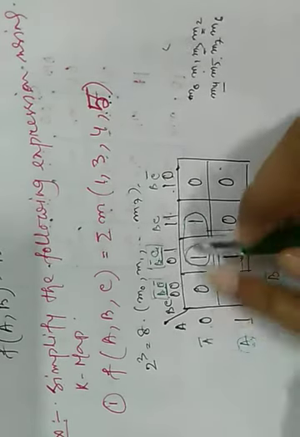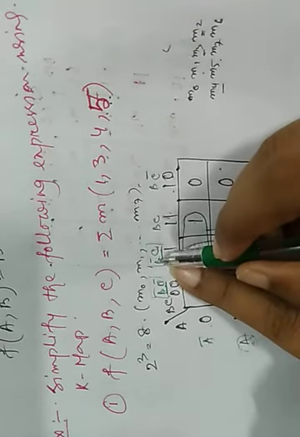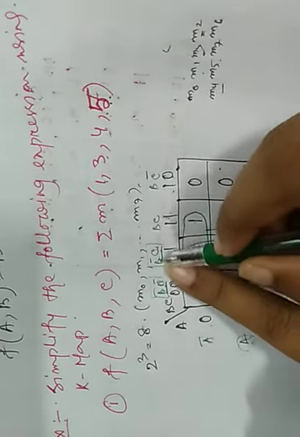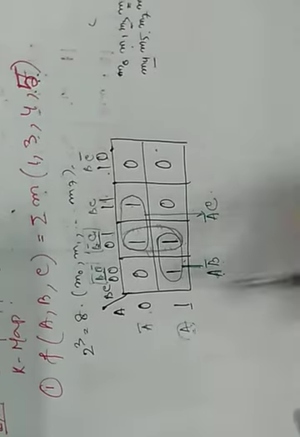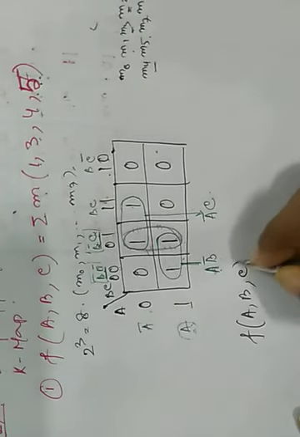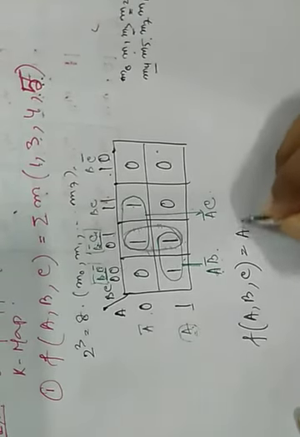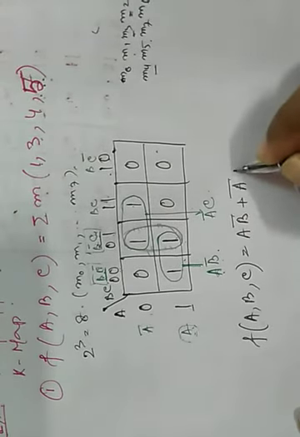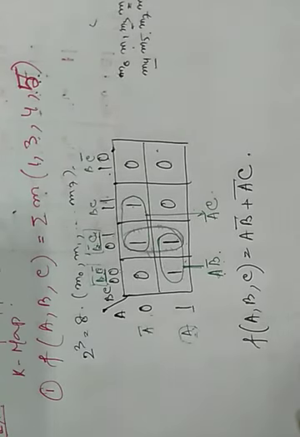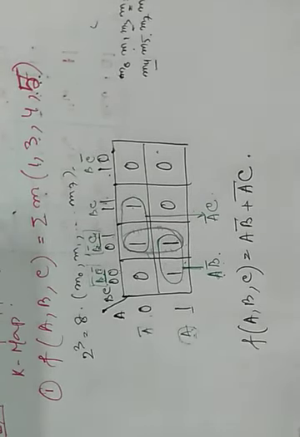In this circle A bar is common, so you take A bar, and for these two values you can see B bar C, B C. So C is common in both columns, B bar is not common, so you take C. Okay, so our function is A B bar plus, for this circle, A bar C. Very easy, you just have to understand the concept.